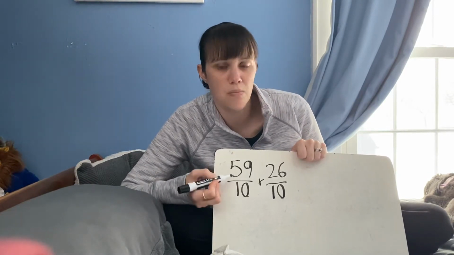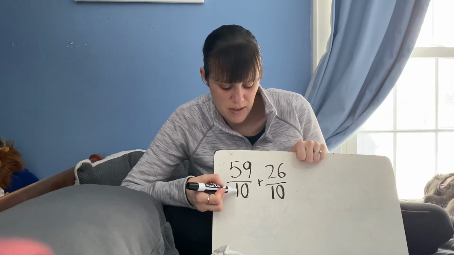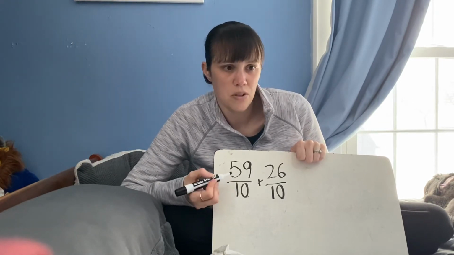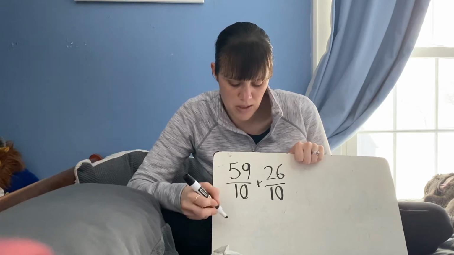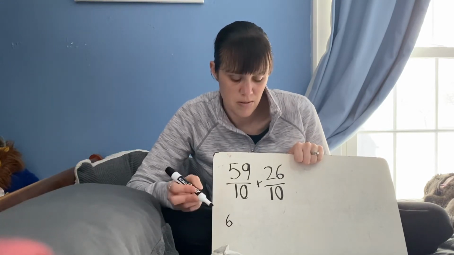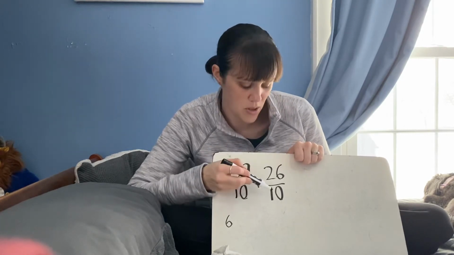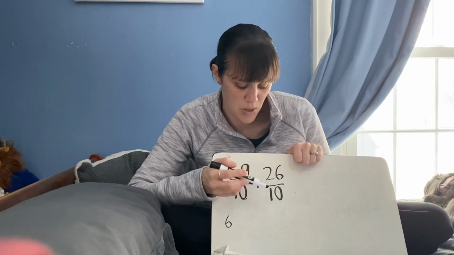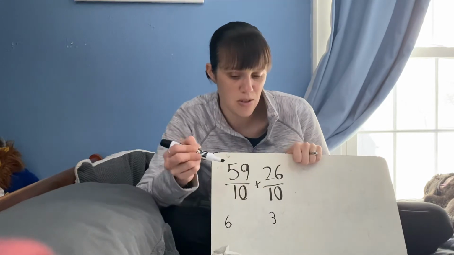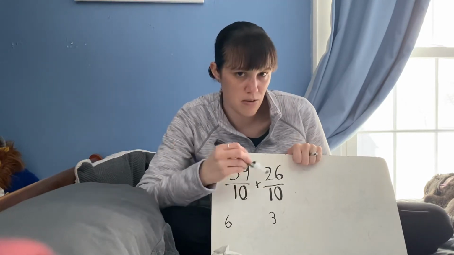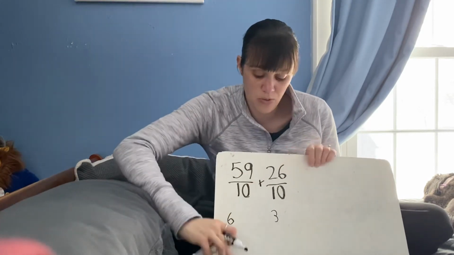So if I skip count 10, 20, 30, 40, 50, 60, that's about 6 times. And here, 26 is close to 30. So if I skip count by 10, 10, 20, 30, that was 3 times. So maybe this answer is going to be about 9. So let's figure it out.